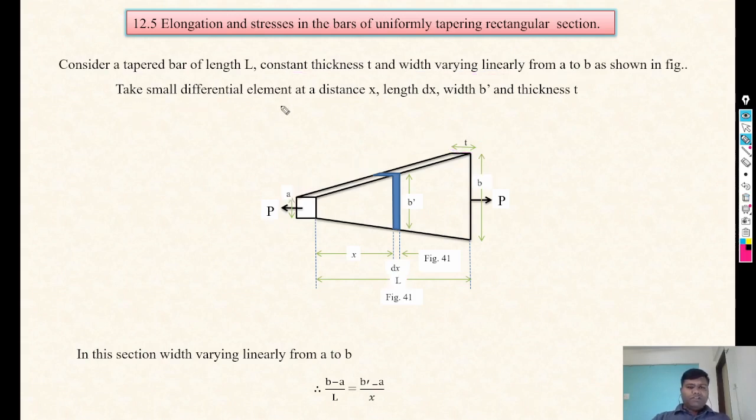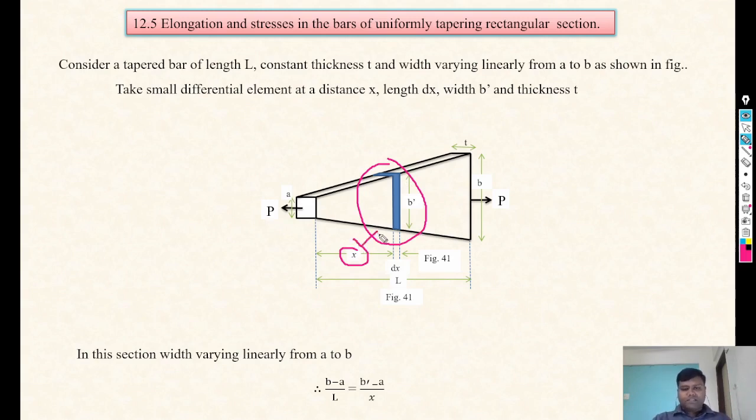Take a small differential element at a distance x. Just take the small differential element at a distance x from any point. We can consider it from point A or from point B, but for this derivation we are considering the distance from the left end.